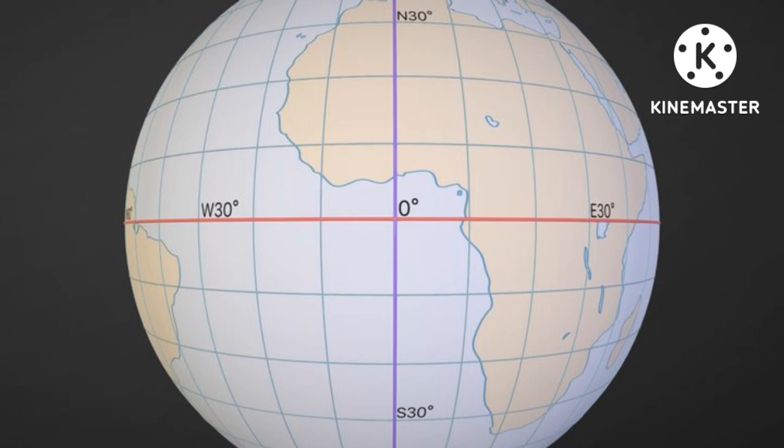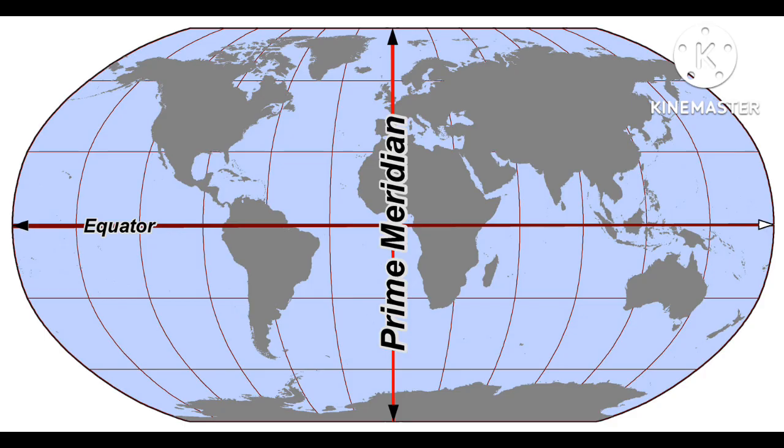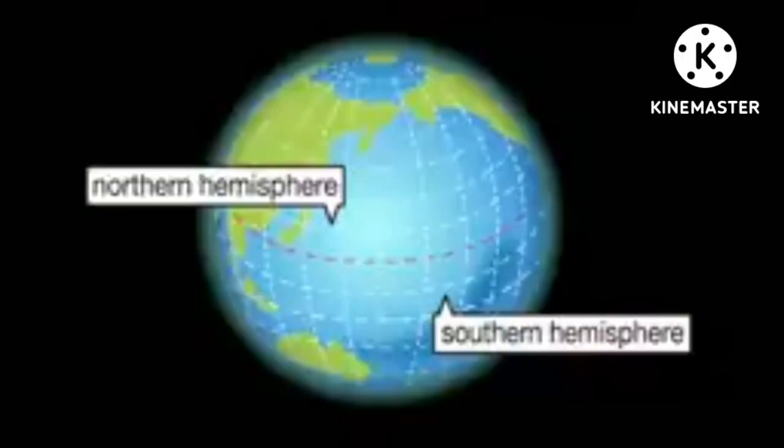Lines of longitude are measured in degrees from a point starting at 0, but unlike latitude, which finds its 0 mark from the naturally widest point of the Earth, the equator, longitude starts at a 0 point called the prime meridian. The prime meridian divides the Earth into two halves, called hemispheres.